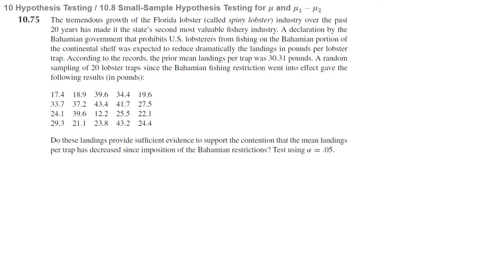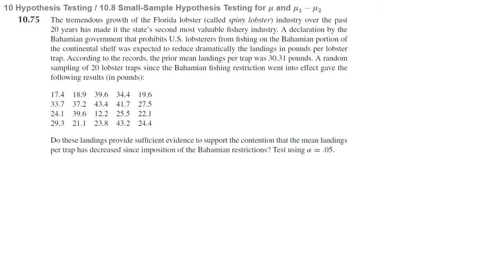According to the record, the prior mean landing per trap was 30.31 pounds. A random sampling of 20 lobster traps since the Bahamian fishing restriction went into effect gave the following result.